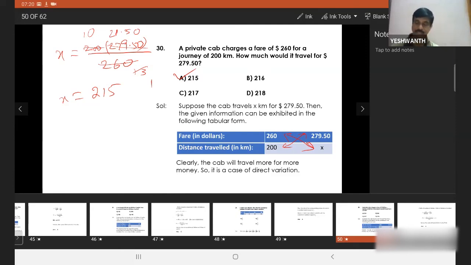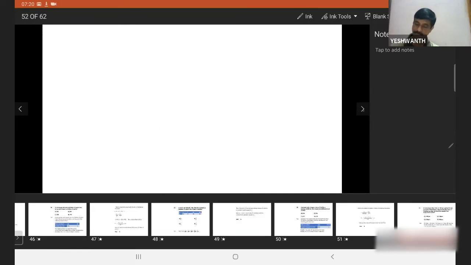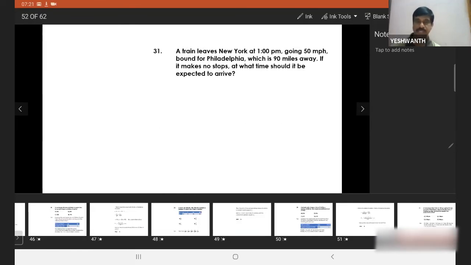Okay, children. So let's go to the next question. Look at this. A train leaves New York at 1 p.m. going 50 miles per hour, bound for Philadelphia, which is 90 miles away.